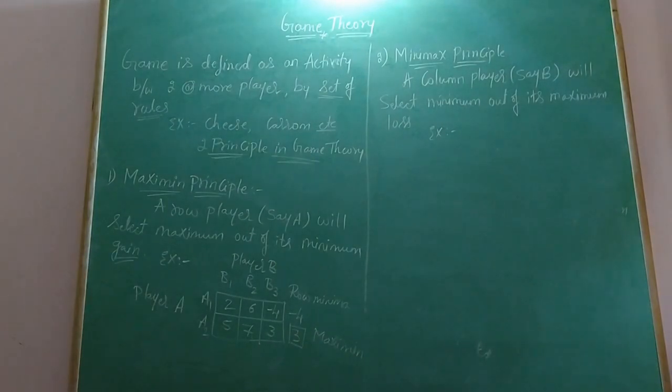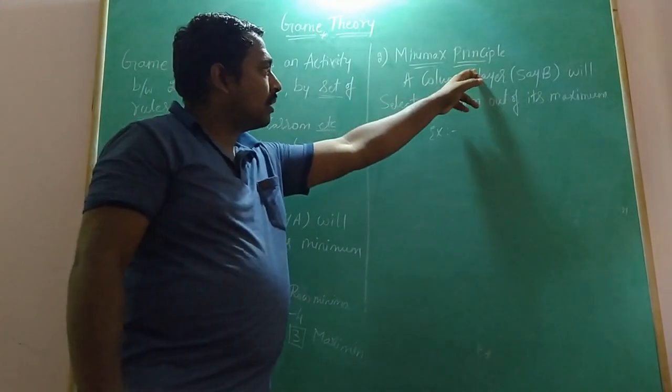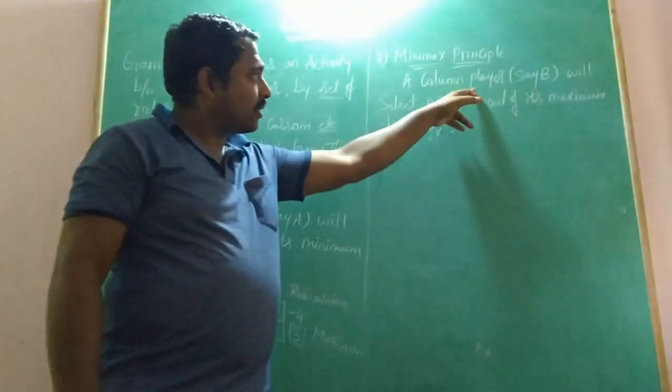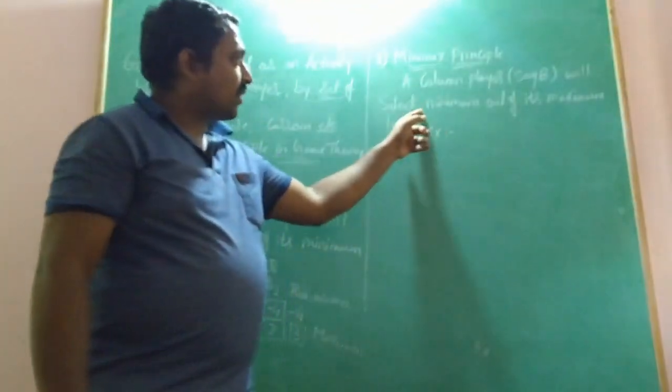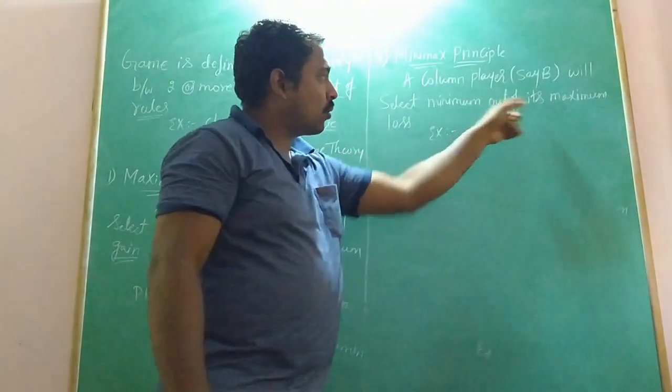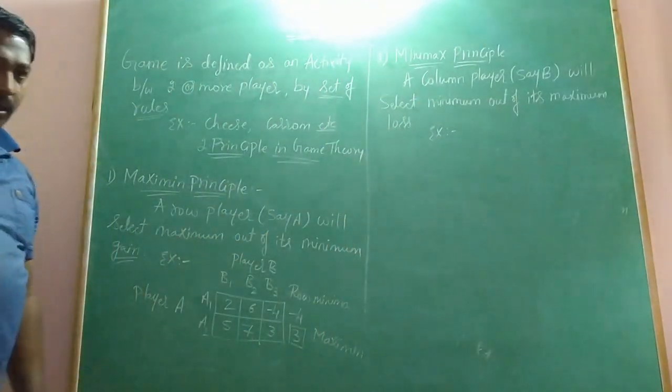Then the next principle is the minimax principle. That is, a column player, say B, will select the minimum out of its maximum loss.